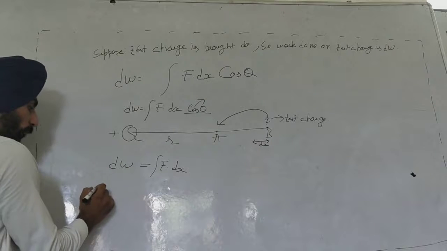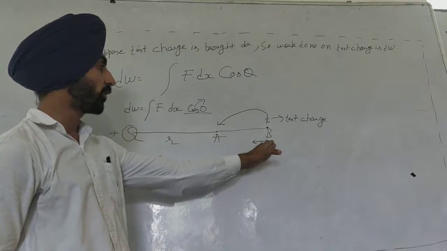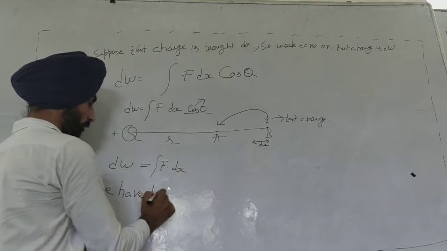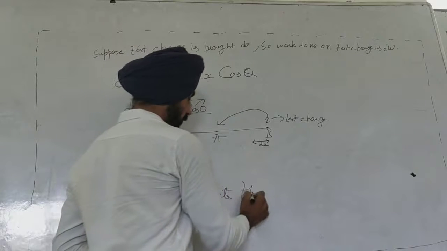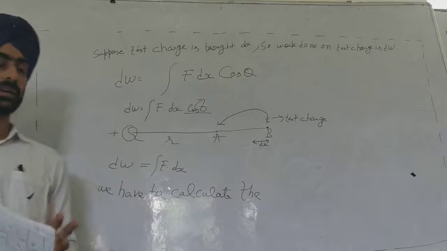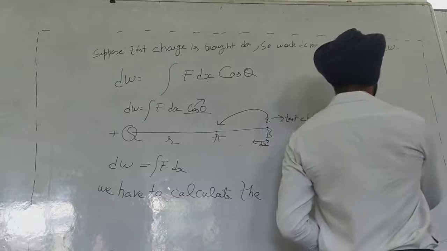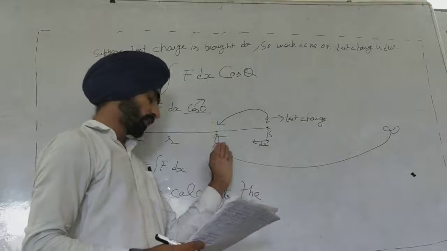Suppose we have to calculate the work done in order to carry this test charge from B to A. Now our target is to calculate the work done when you are carrying this test charge from infinity to A, because our target is to find the potential at A only.